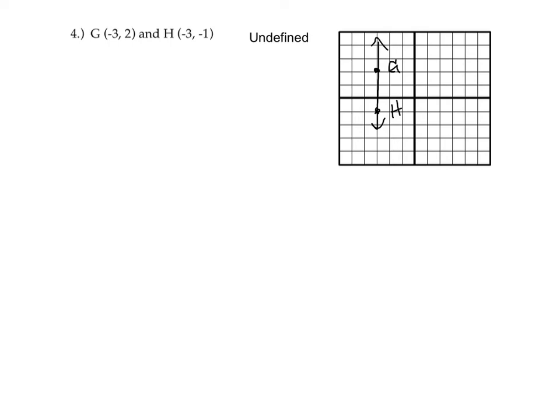So we're going to first find the slope by using the rise over the run. So what are we rising here? We're rising 1, 2, 3. So we rose 3. And now what are we running here? Well, we're actually not running anywhere. We didn't go anywhere. So your run is going to be 0.